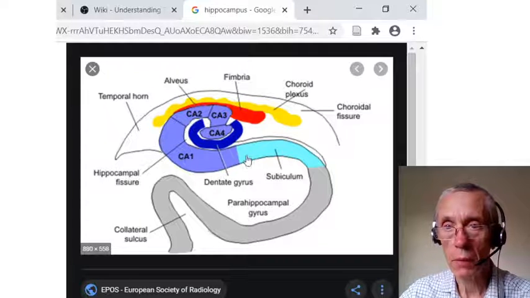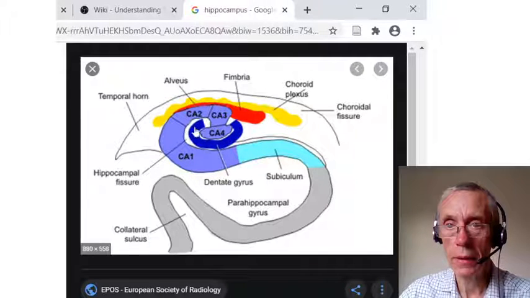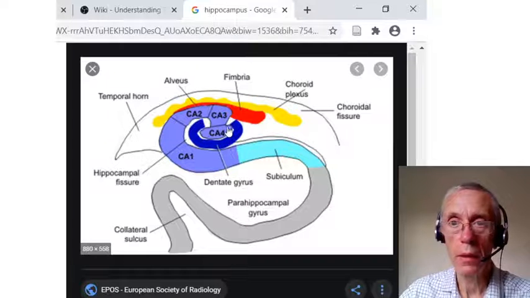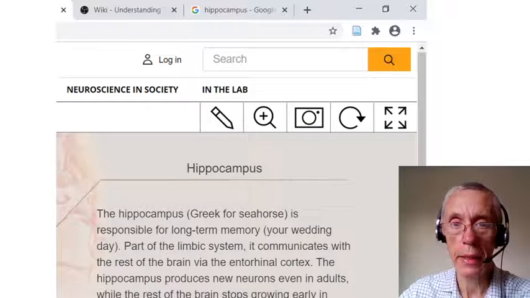Stepping further back, we've got the subiculum, and then before that, the parahippocampal gyrus, of which the entorhinal cortex is part. So this is the cerebral cortex here, and what's happening is it is curling around. Then you've got the entorhinal cortex, you've got the subiculum, and then CA1, 2, 3, and 4, and then the dentate gyrus. Let's have a look at that in our 3D brain again.